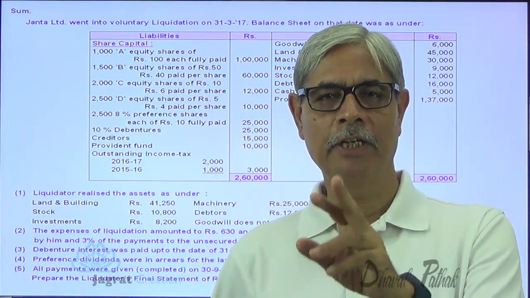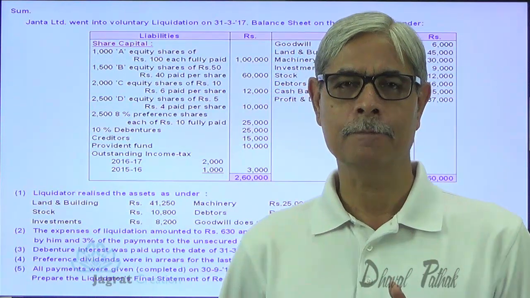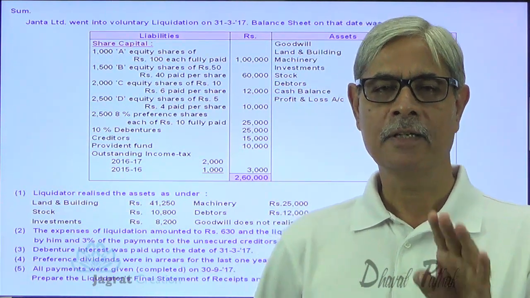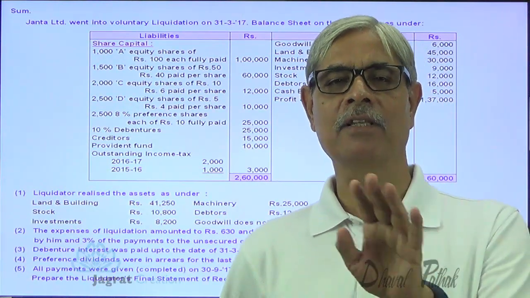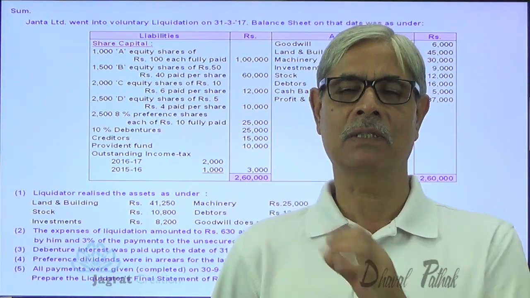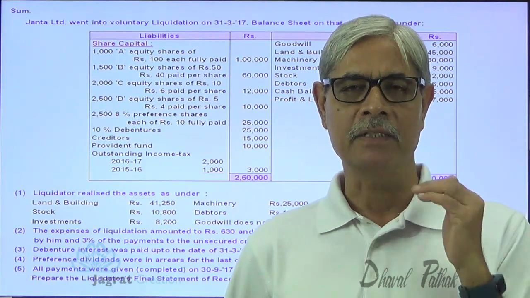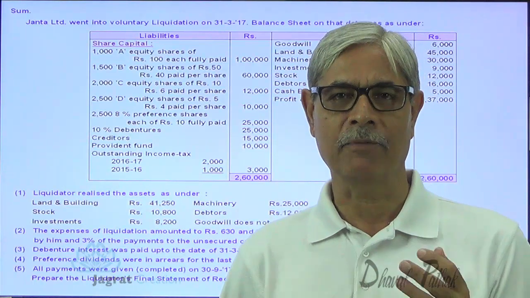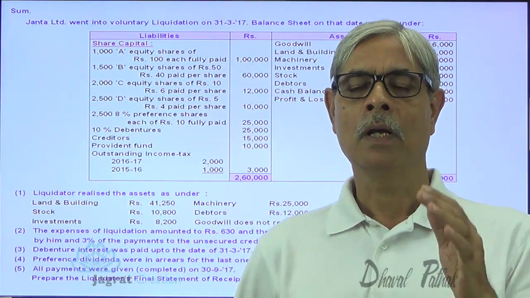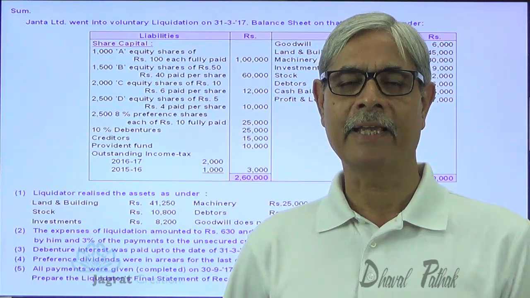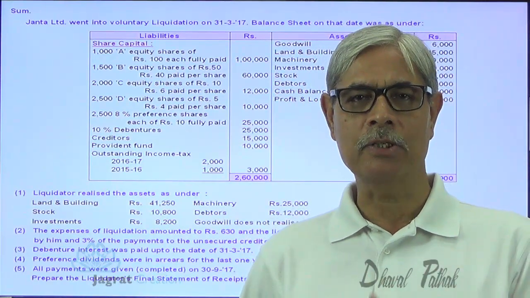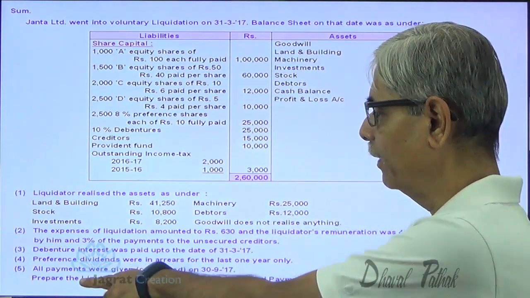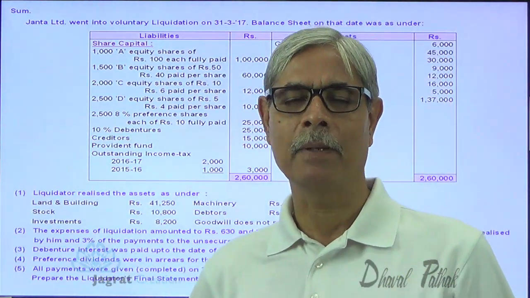Then next, liquidators' remuneration and expenses. Third, preferential creditors. Fourth, debenture holders or any other creditors who has a floating charge over the assets. Then you have to pay unsecured creditors. After that, payment is to be made to preferential shareholders for their preferred rights. And ultimately, whatever the cash balance is left, that is to be distributed among shareholders. This is the process in which liquidator's final statement of receipts and payment is to be prepared.